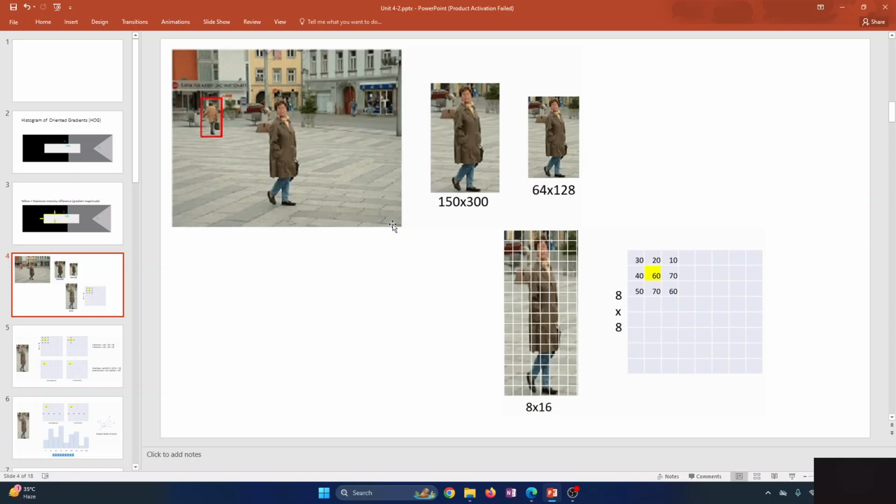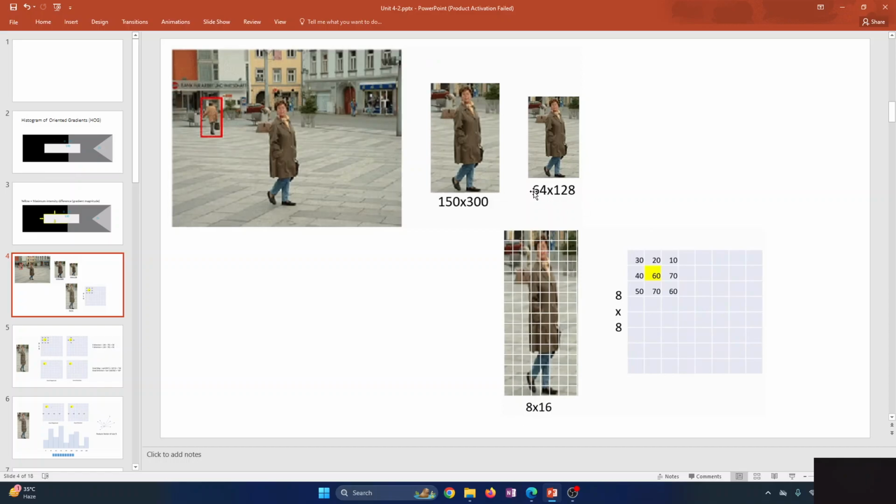The next step is to resize the image to 64 by 128. In any case, HOG will only resize the image to these dimensions.